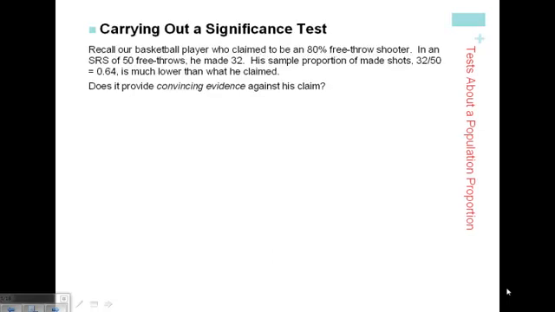Let's go back to the problem that we talked about in 9.1, and that is a free throw shooter who claims that they're an 80% shooter. You don't believe them. You want to prove them wrong, and you want to look at what evidence exists against that claim.